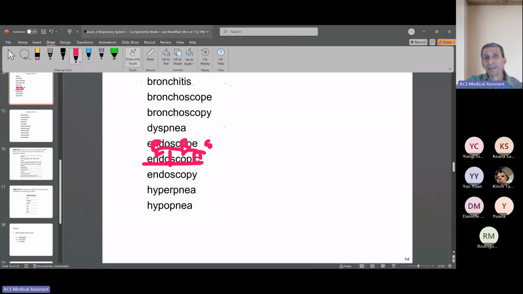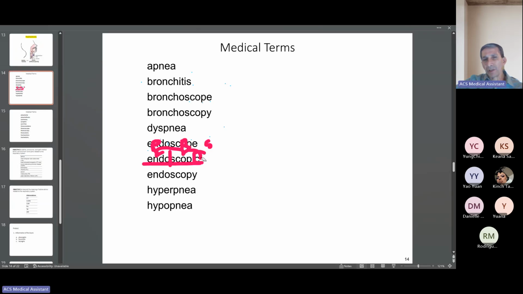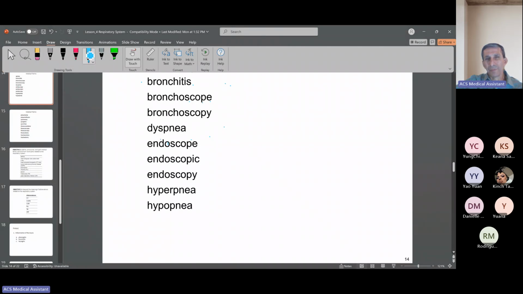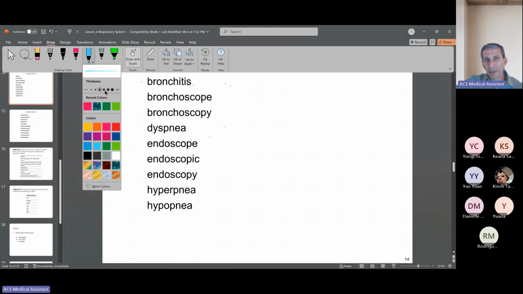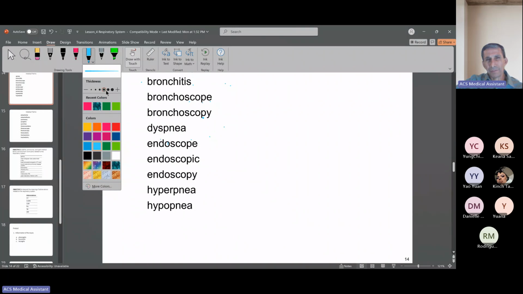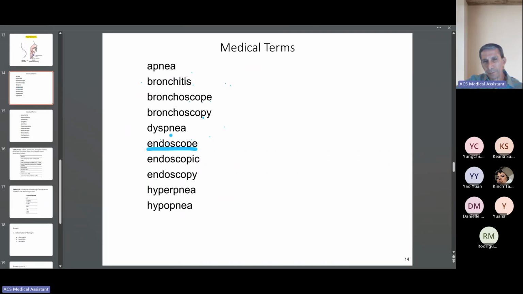So don't mix these terms up, because endoscopy, endoscope, endoscopic sound very similar. I don't want you to mix them up because then you're going to have a problem. Once again, that will be very difficult. So here, endoscope, scope, and endoscopic, IC, this is the suffix.